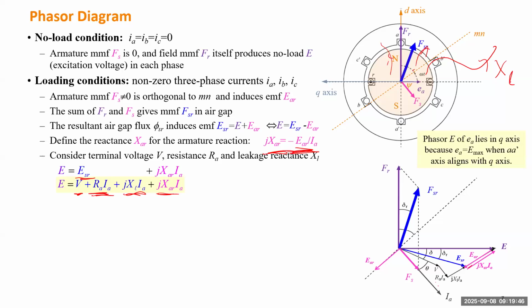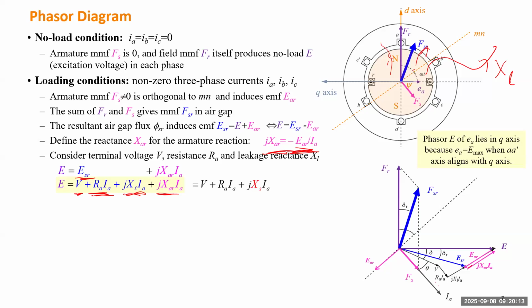So this is the finalized phasor diagram. And this is the final voltage we can get externally to the system. And this one depends on the current. So if the current is 0, which is the no load condition, this V will be exactly equal to this E.